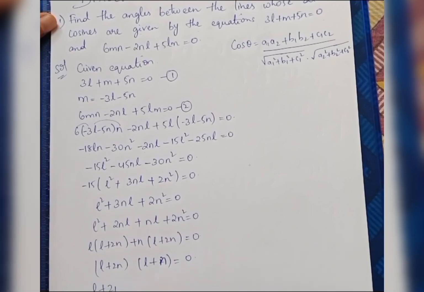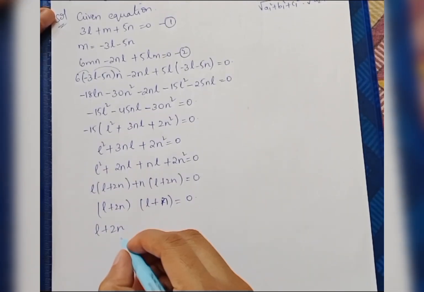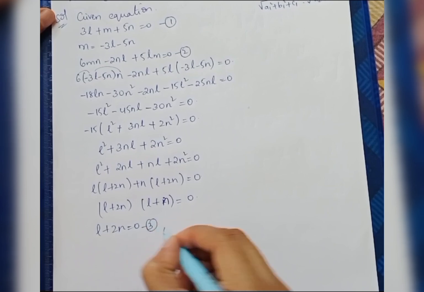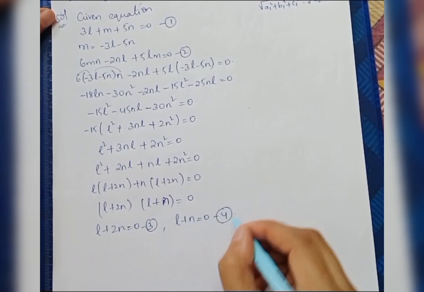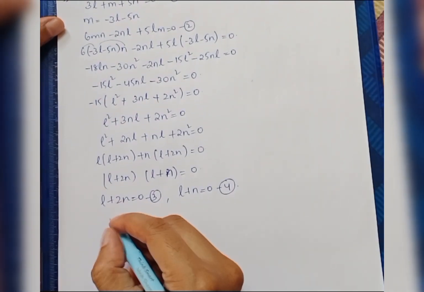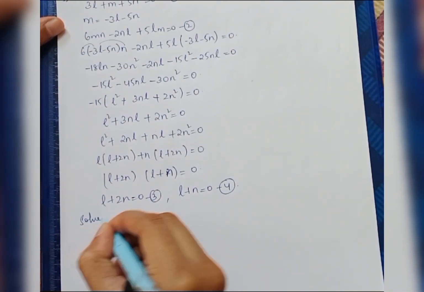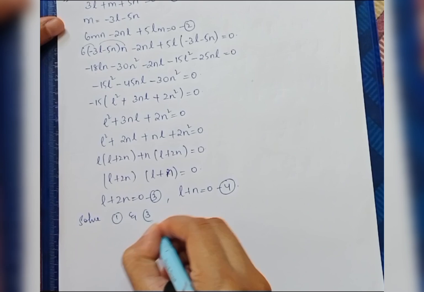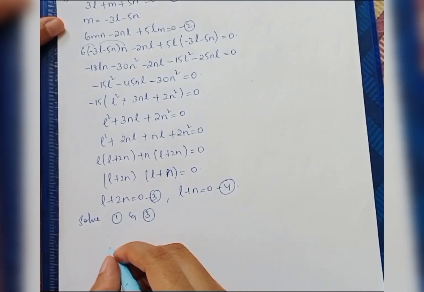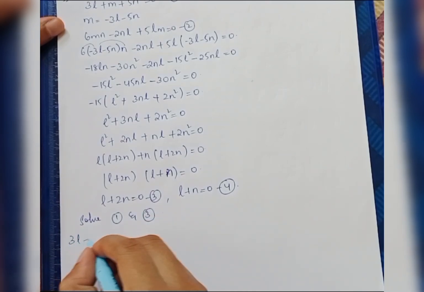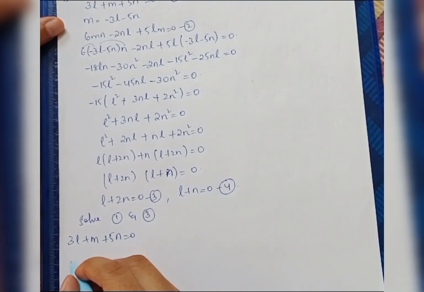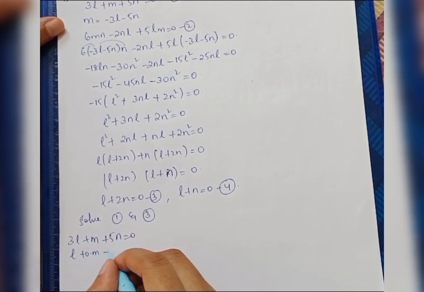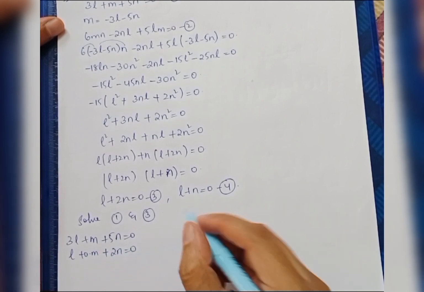So l plus 2n equal to 0 is equation 3, and l plus n equal to 0 is equation 4. Now solve 1 and 3. Equation 1 is 3l plus m plus 5n equal to 0, and equation 3 doesn't have the m term, so it is 0 into m plus 2n equal to 0.